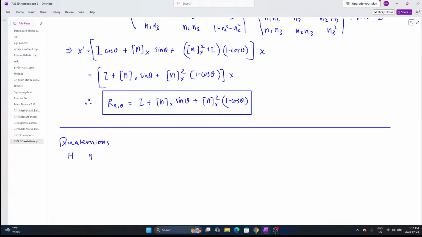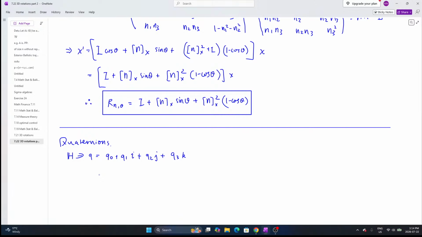By the way, the set of quaternions is denoted as H. Q is a quaternion. It has the form Q0 plus Q1 i plus Q2 j plus Q3 k. That's a quaternion.